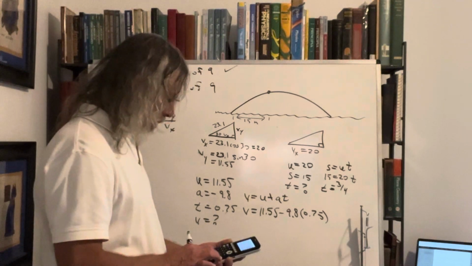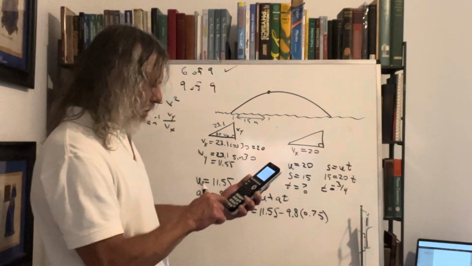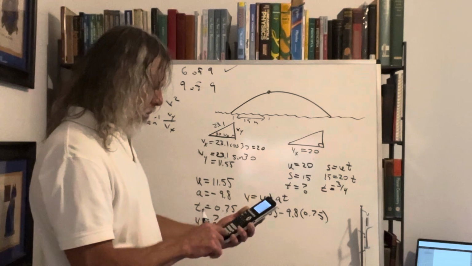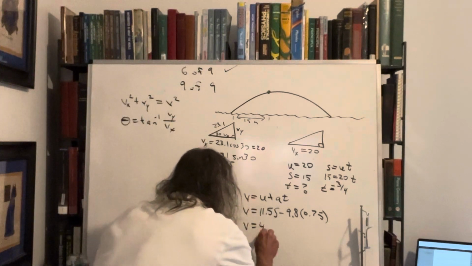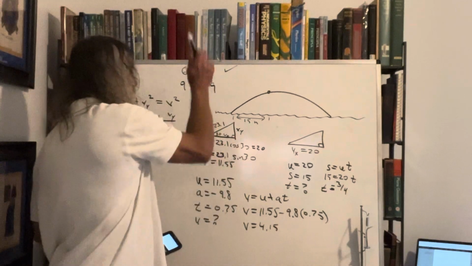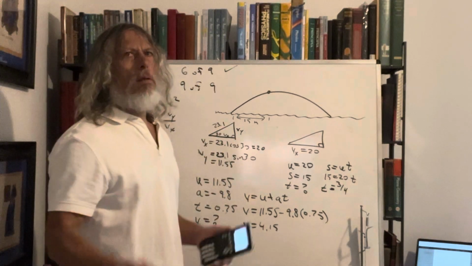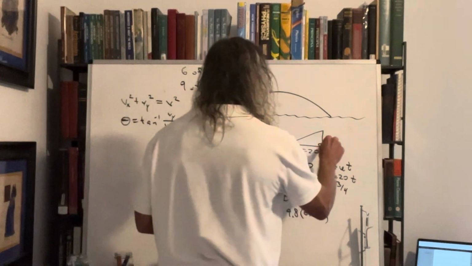So 11.55 minus 9.8 times 0.75 is 4.15. So, that's the vertical. Distinguish the horizontal from the vertical. So 4.15.